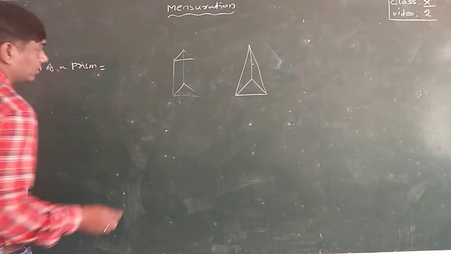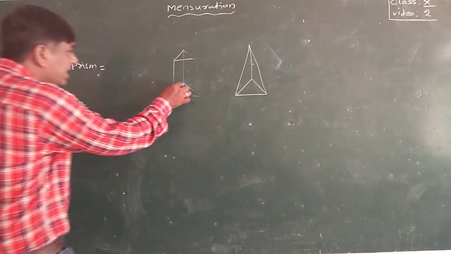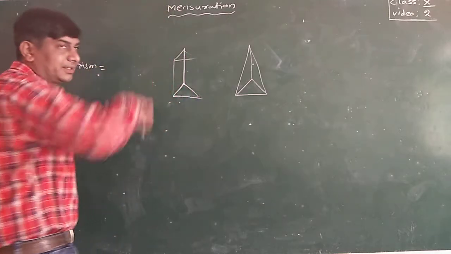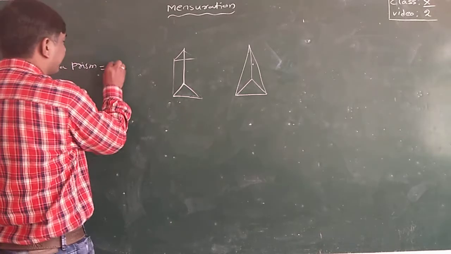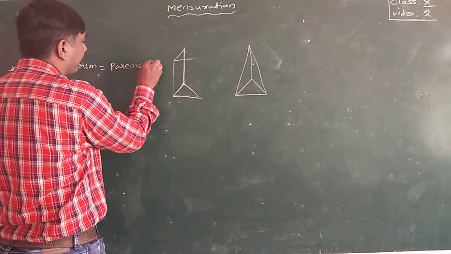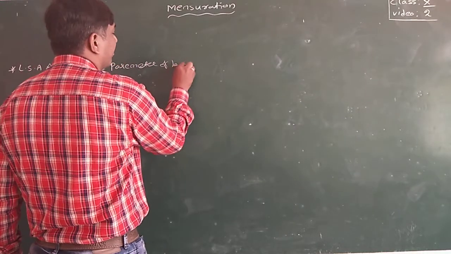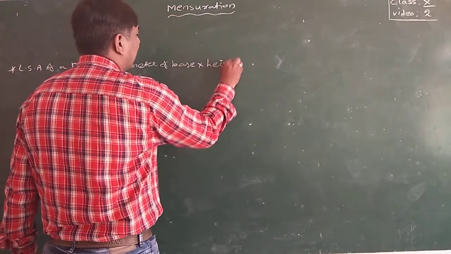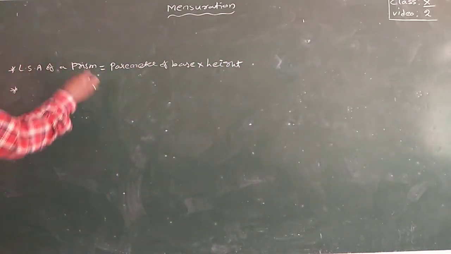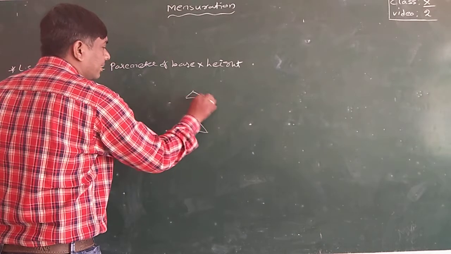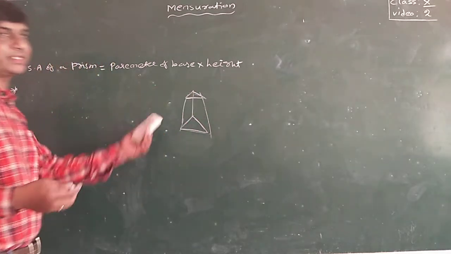LSA of a prism, the lateral surface area of the prism, is equal to the perimeter of the base into height. Perimeter of the base into height. Now TSA is LSA plus area of the base plus area of the top, two times the same only.